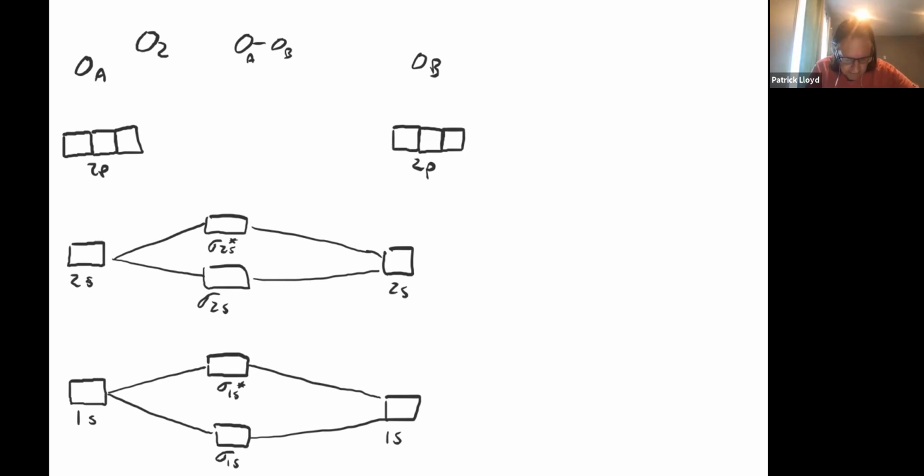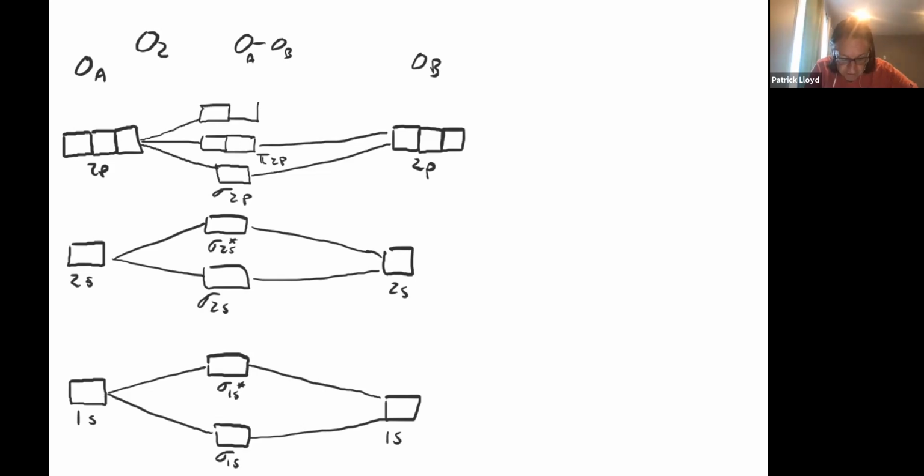You get one that's way down here, which is sigma 2p, okay? Then you get 2 that are a little bit higher, which is pi 2p. And then you get 2 that are higher than the atomic orbitals.